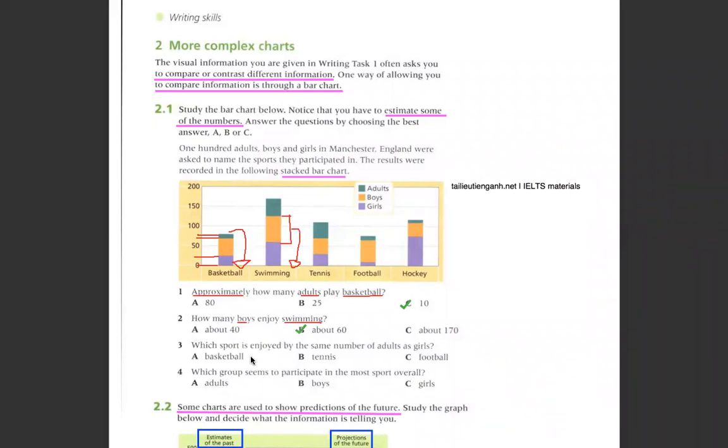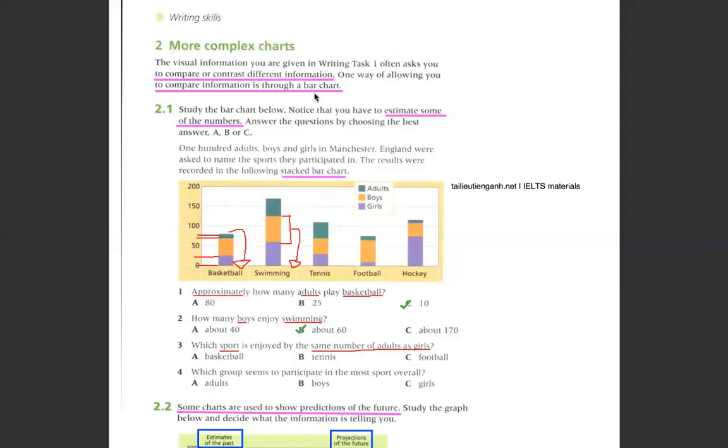Okay, let's have a look at number 3. So which sport had the same number of adults as girls? So you're looking at the green and the purple.